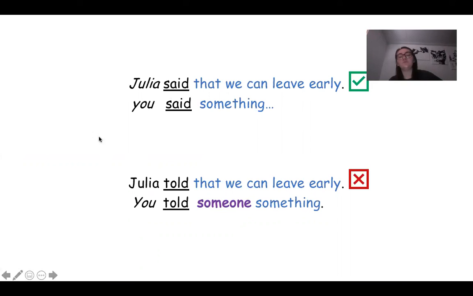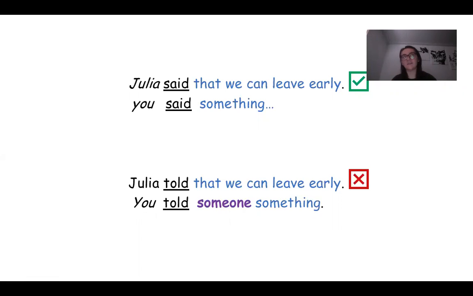If it was Julia told that we can leave early, it's incorrect because of how the sentence is put together. Remember that when you use the verb tell or told, you need to have a person or a group of people to come after, right? You need to tell somebody something, right?